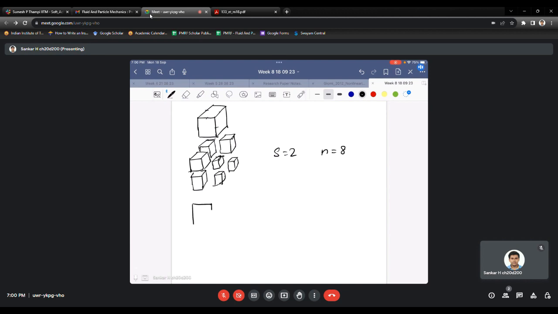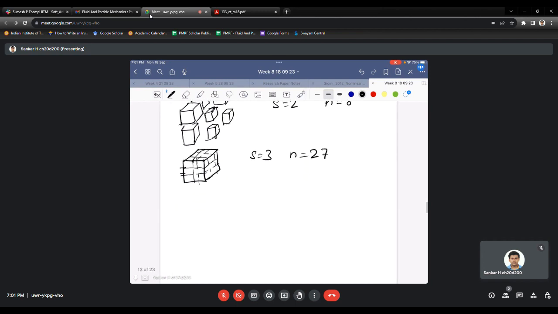Similarly, if I take the cuboid of length L, or cube of length L, and if I divide each length into 3 equal pieces, what I'm going to end up with, if the scaling factor is 3, is 27 pieces.